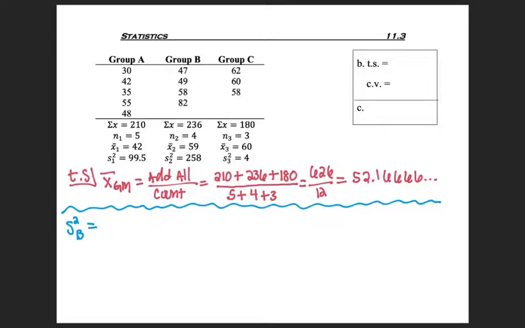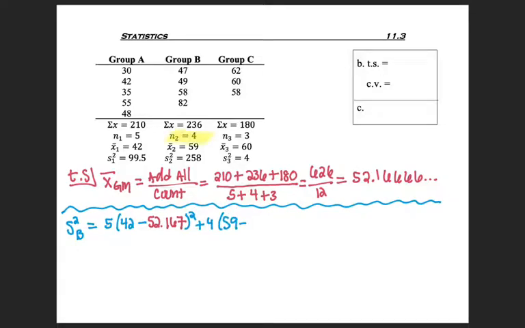Next, I want the variance between means. So remember, I take the count from the first group and multiply it with the average from the first group and subtract the grand mean, which I'm going to round to a 3-digit number, and I square that subtraction and move on to the next one.